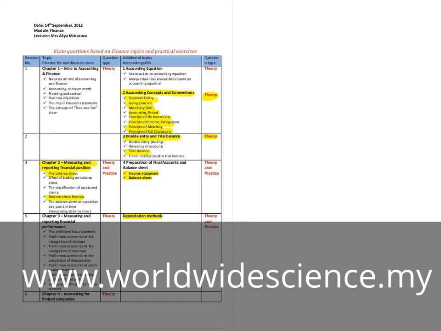You remember the balance sheet? We talked about what kind of assets we have, fixed assets. We already had some exercises on how to prepare the balance sheet. You would have the same questions that we already had in the exercises.